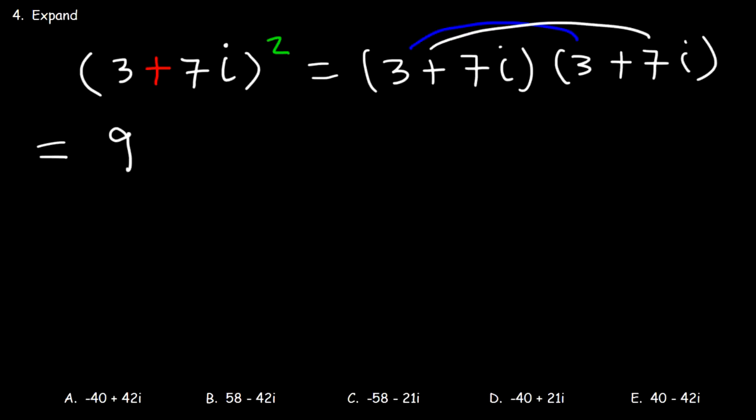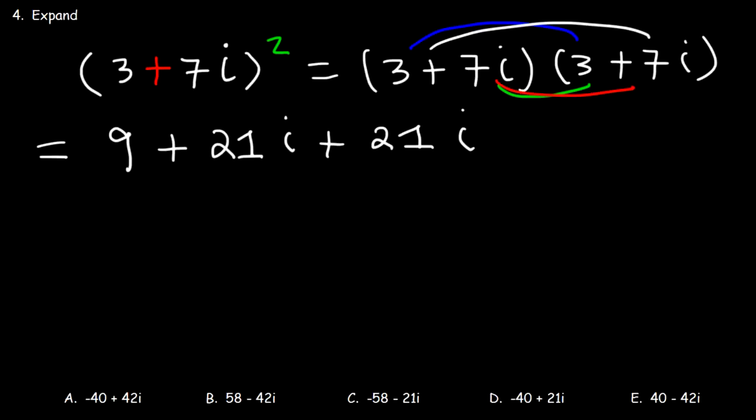And then we have 3 times 7i, which is 21i. Next, 7i times 3, that's also 21i. And then 7i times 7i, that's equal to positive 49i squared.